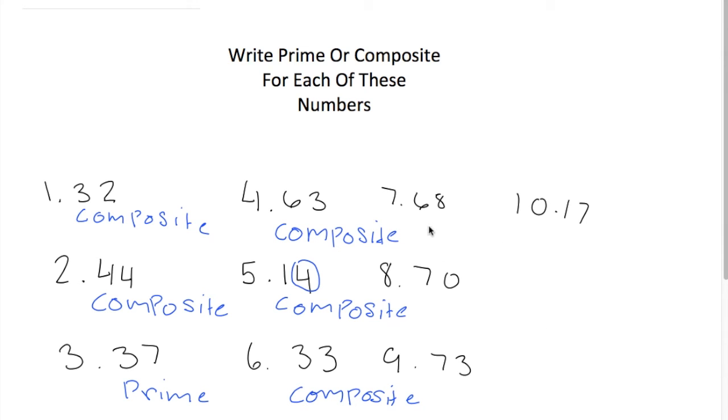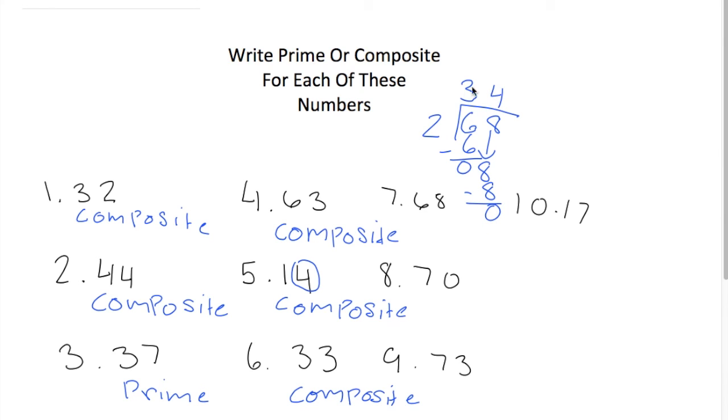Okay, number 7. 68. Well, let's see if 68 is divisible by 2 because 8 is an even number. So 68 divided by 2. 2 can go into 6 3 times. 2 times 3 equals 6. Subtract, 0. Bring down the 8. And then 2 can go into 8 4 times. 4 times 2 equals 8. 0.